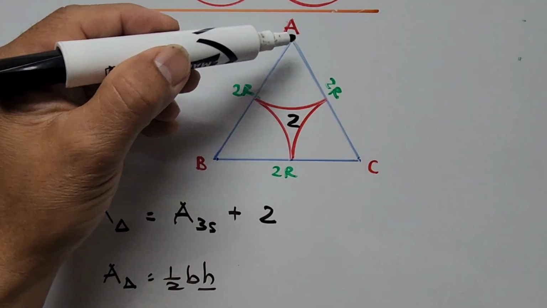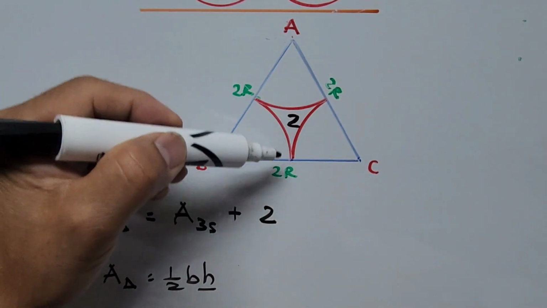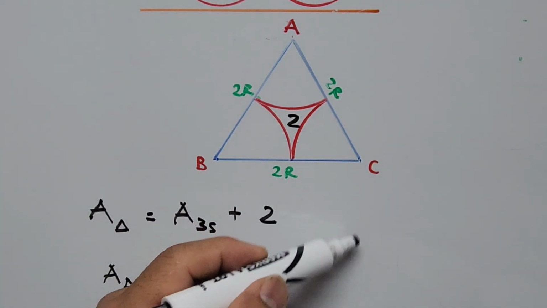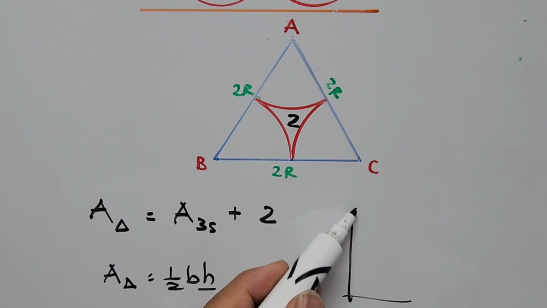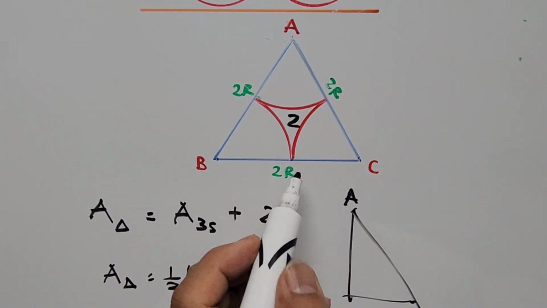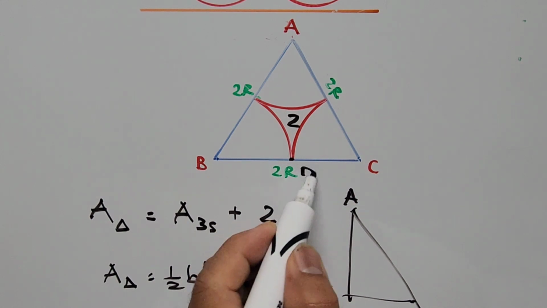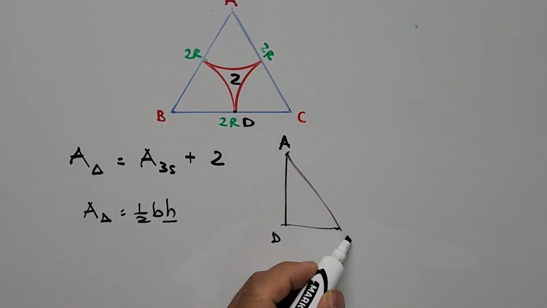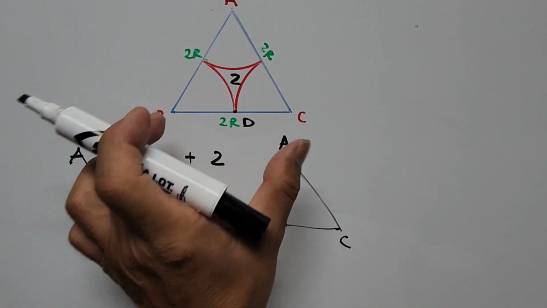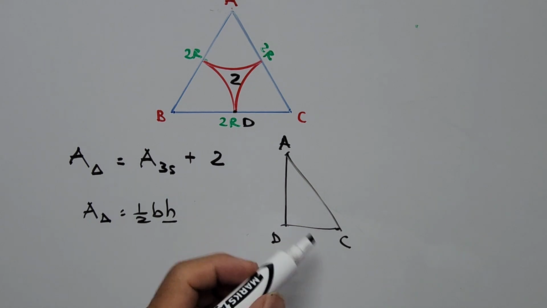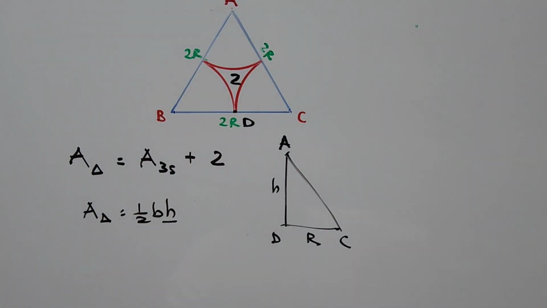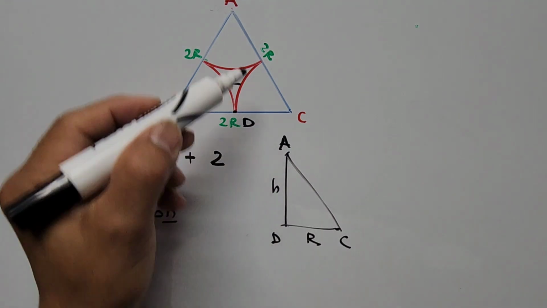If we take half of the equilateral triangle and consider the right side half of the triangle, we have AC, and we call this point D over here. So we have D and C, and the base is half of the base of the equilateral triangle. So that must be r. And the height, we have here the height, and the hypotenuse, that is 2r.